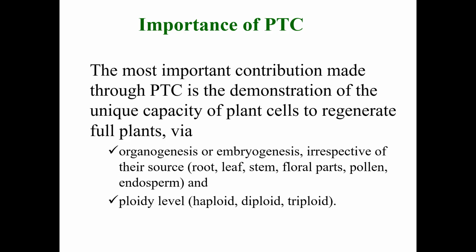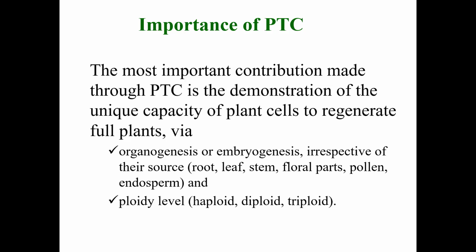And you can even produce haploid, diploid, triploid plants, because in tissue culture, if you take pollen from the male organ of a flower, then it would be haploid. By treating the haploid with colchicine, a chemical agent, you can make diploid.